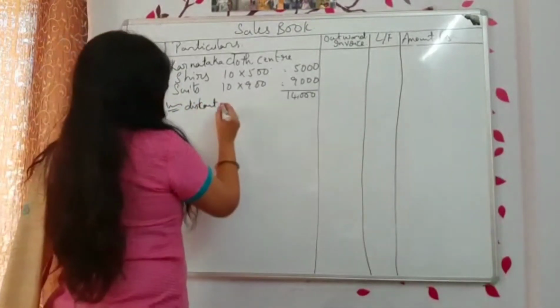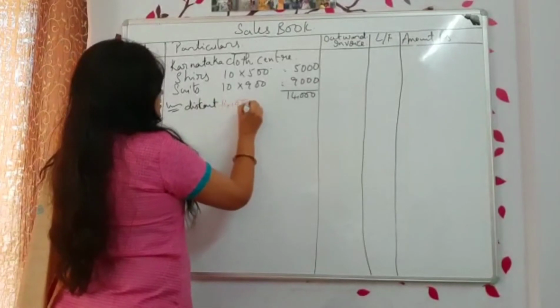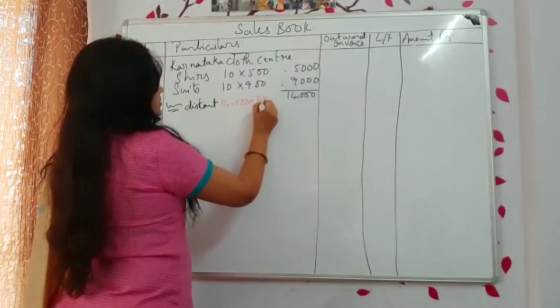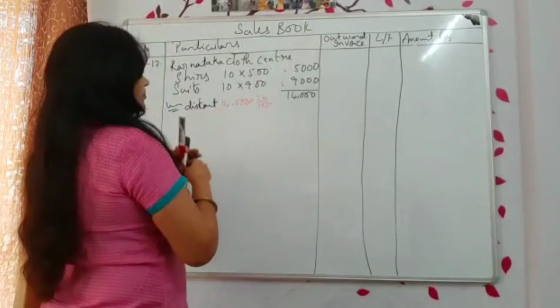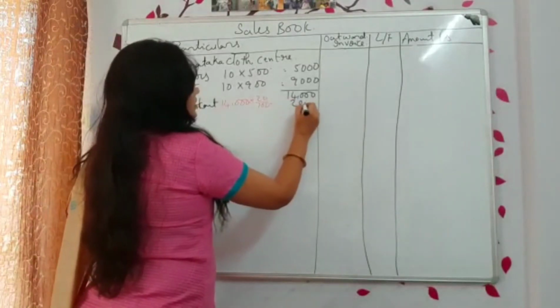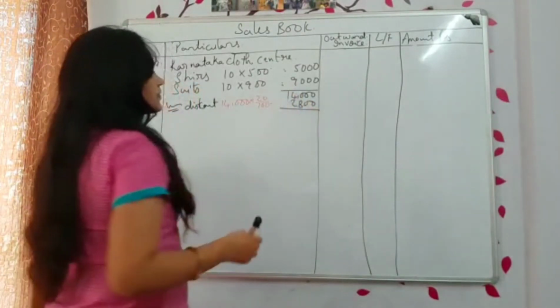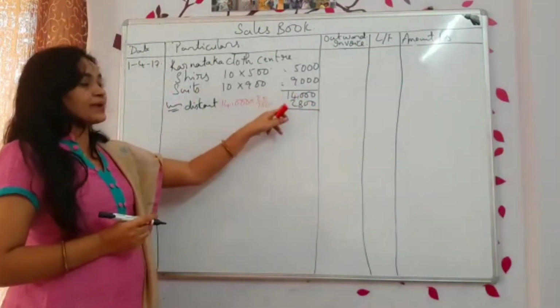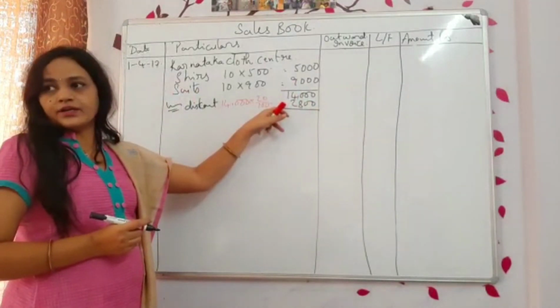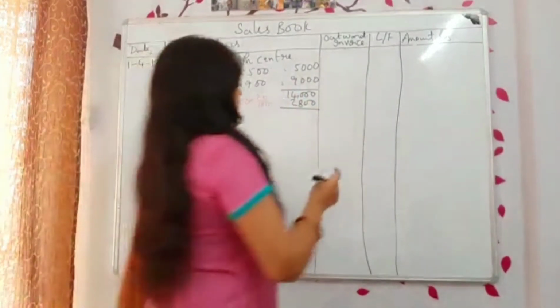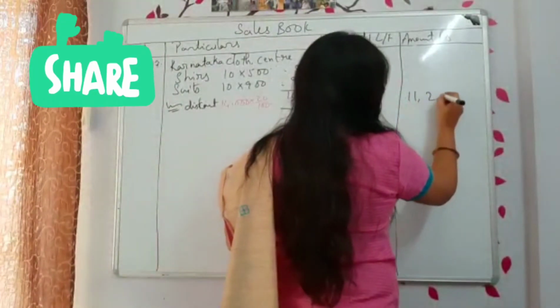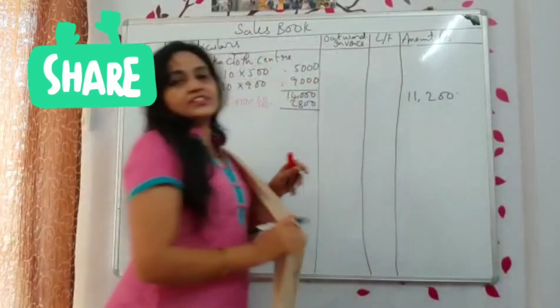How do you calculate it? On 14,000, 20 divided by 100, you get 2,800. After subtracting, 14,000 minus 2,800 gives 11,200.